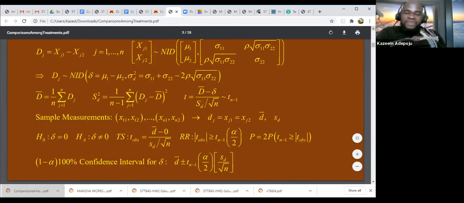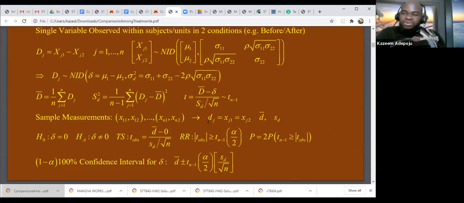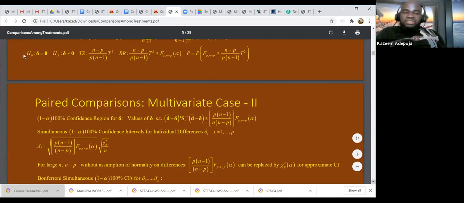Under the univariate case, I'm only having a single difference. But in the multivariate case, I'm actually going to have the vector of differences. So this is representing the vector of differences.